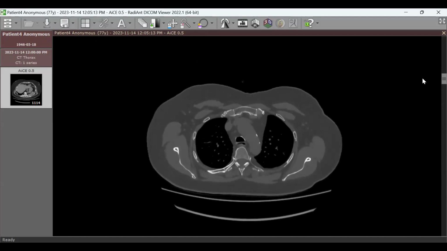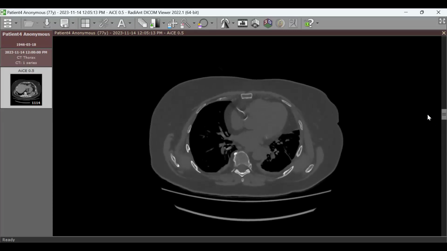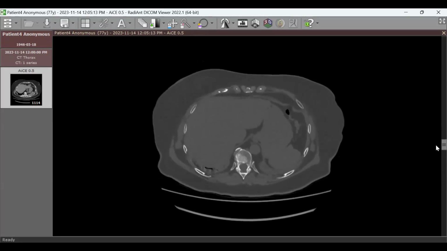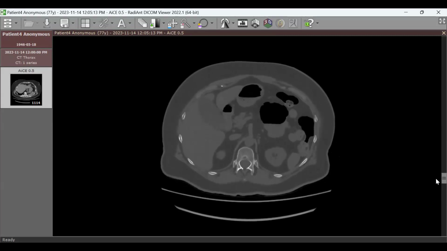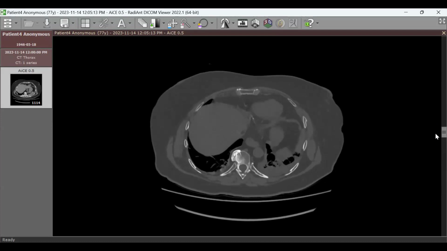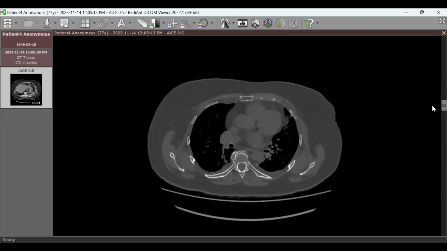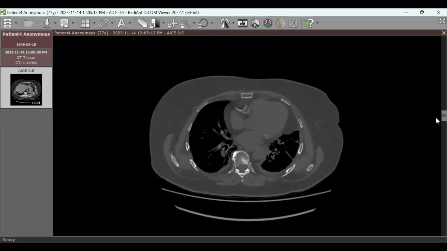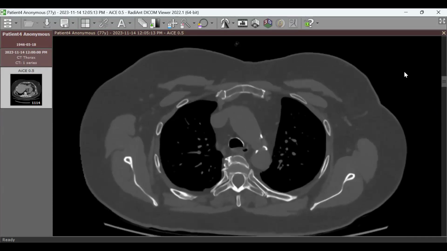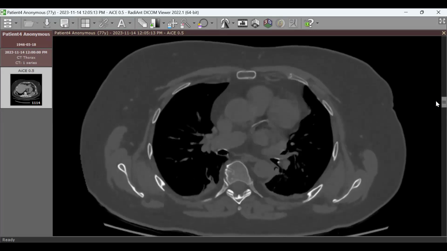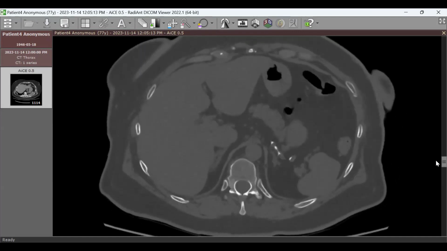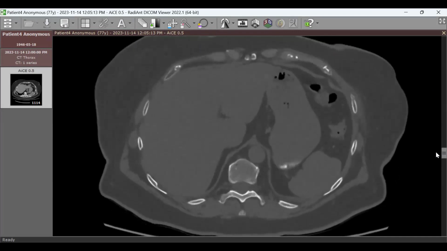Focus on the left side. So do you think there are fractures on the left side? Yes, I think in these two ribs. Posteriorly?